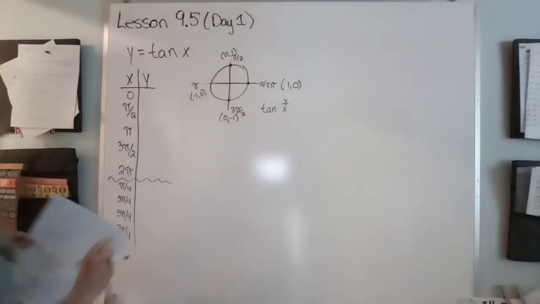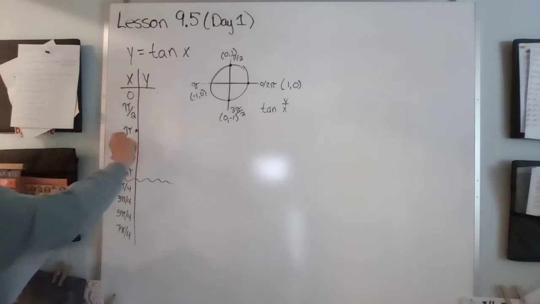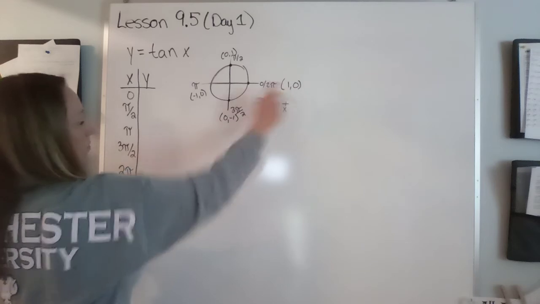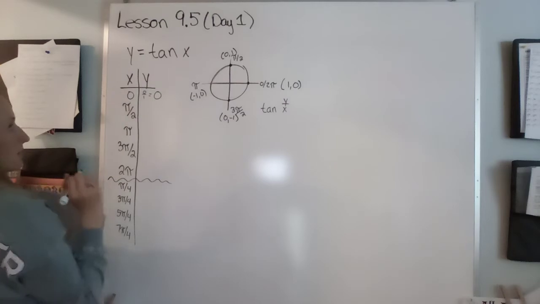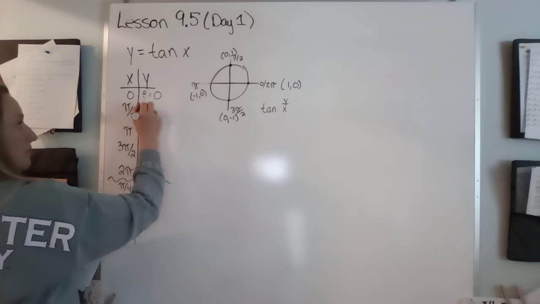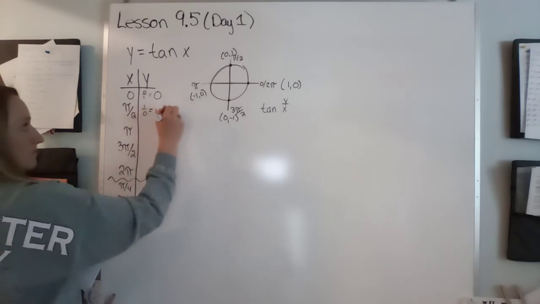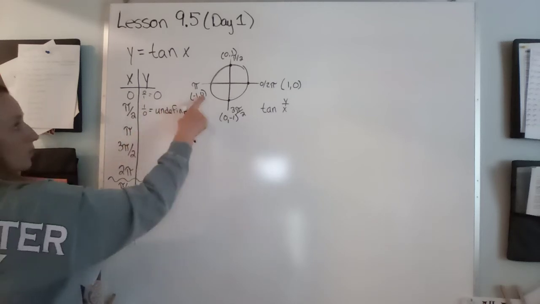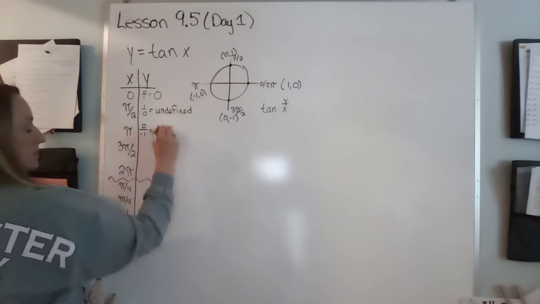Okay, so at tan of 0, you're going to have y over x, which is 0 over 1, and 0 over 1 is just equal to 0. And then at pi over 2, again, it's y over x, 1 over 0, which is undefined. At pi, y over x, 0 over -1 is 0.